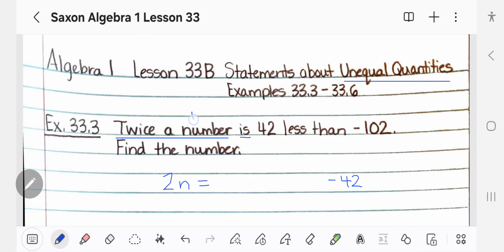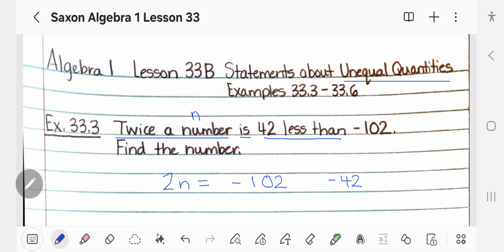Twice a number, and the number is n, is 42 less than, so I'm going to have to subtract 42 away from something. Well, what is the something? It's the negative 102. So I have 2n equals negative 102 minus 42.